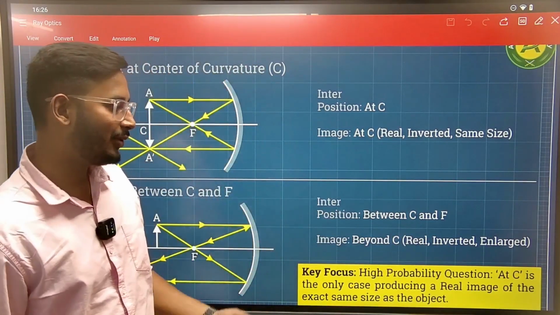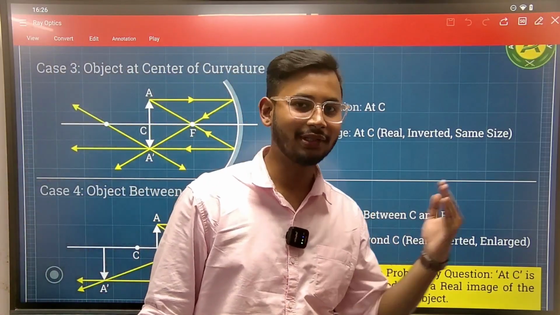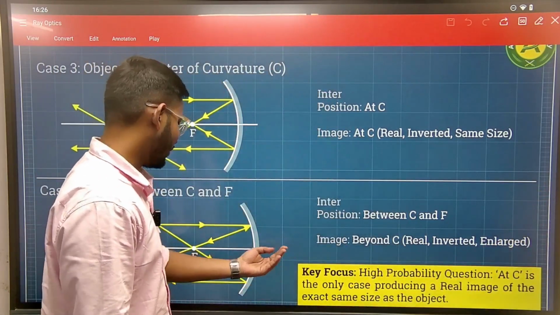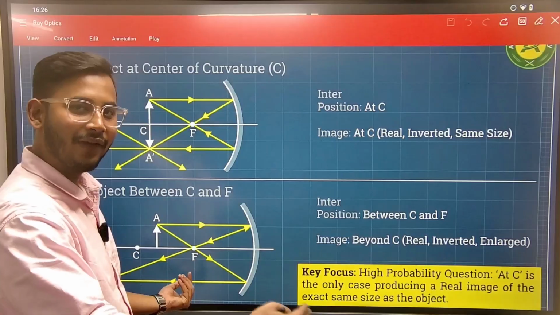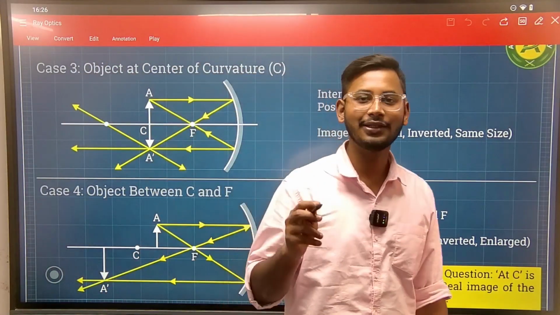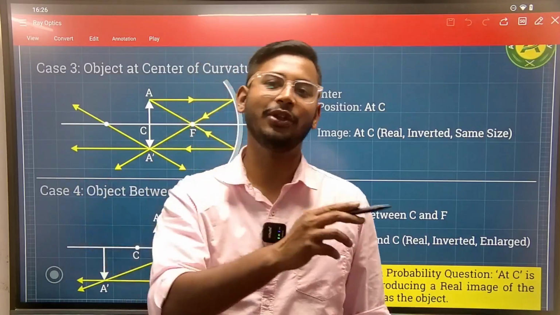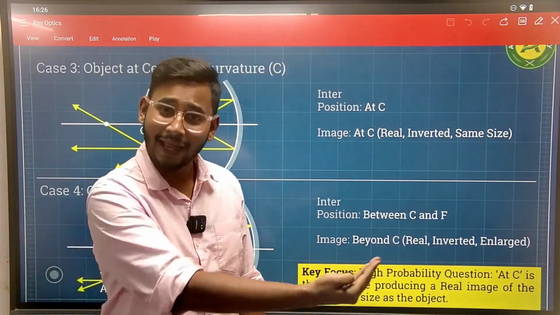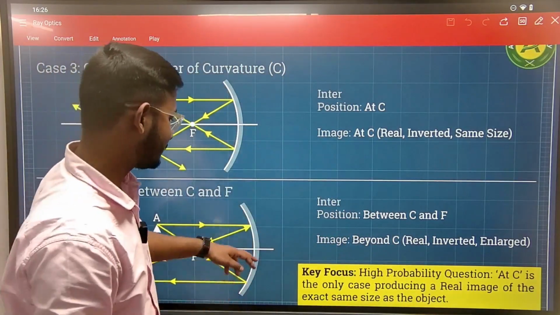So as the object is going towards the mirror, the image is going away from the mirror. Remember the fact that as the object is going towards the mirror, the image is going away from the mirror.